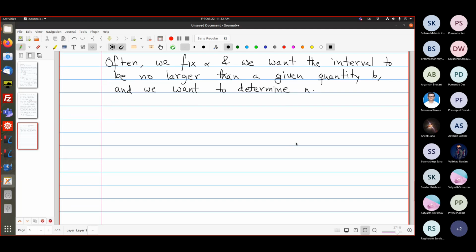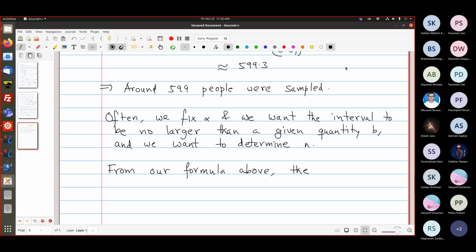So this is a bit problematic because, from our formula above, I want to say the width of the interval.